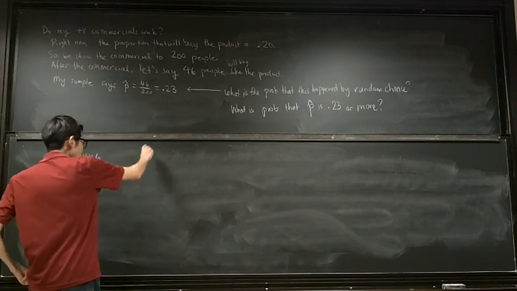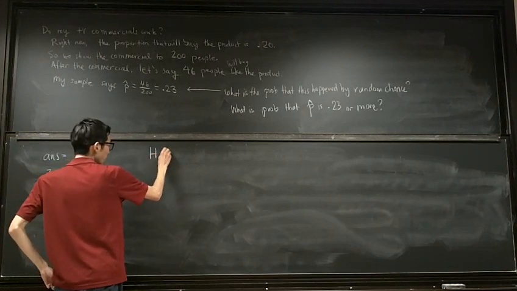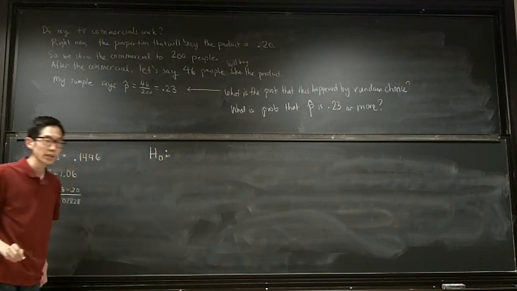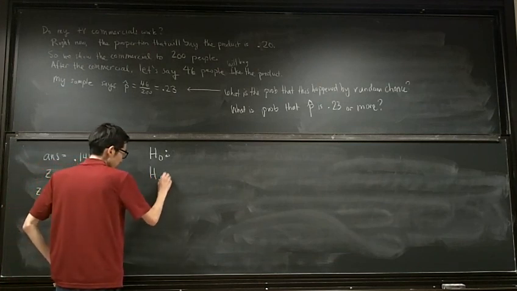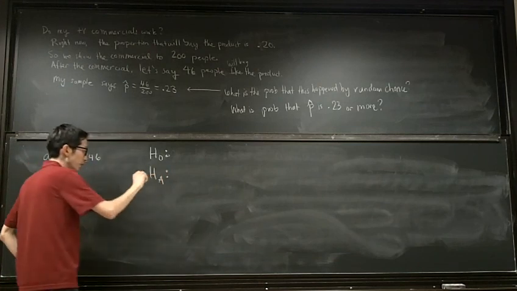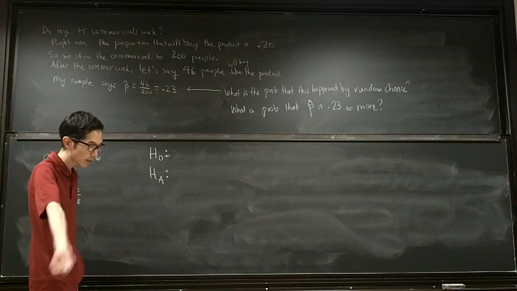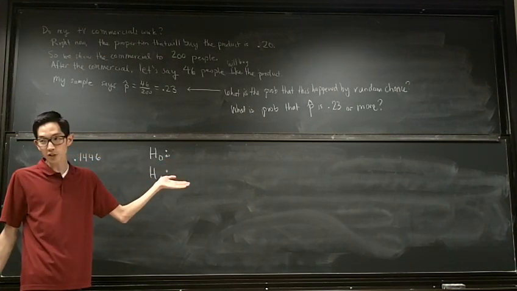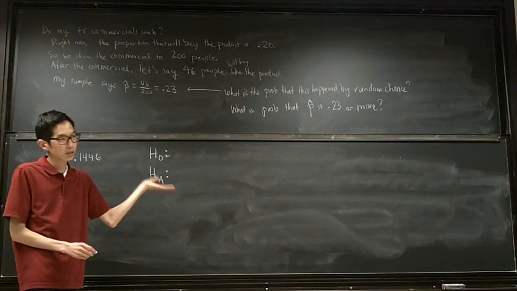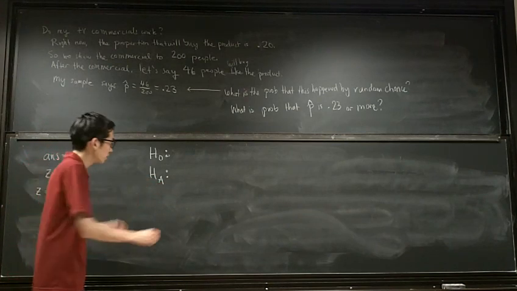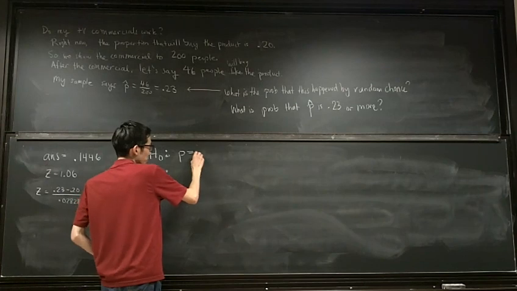So, in a hypothesis test, we have to set up a null hypothesis and an alternative hypothesis. My null hypothesis is that after showing the commercials, the proportion that like my product is still 20%. So P is equal to 0.20.